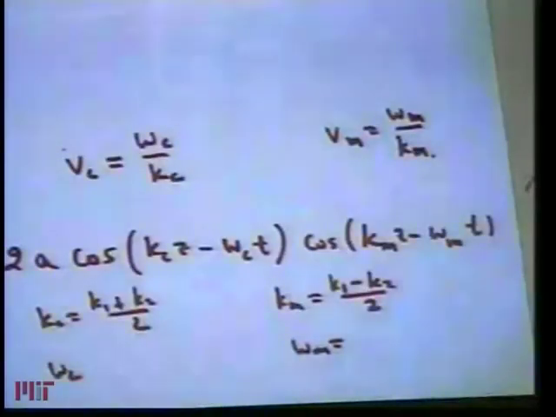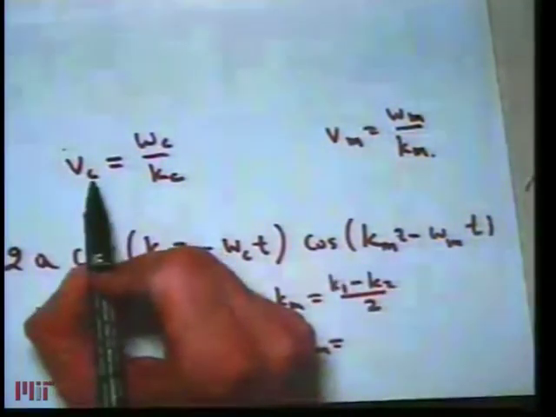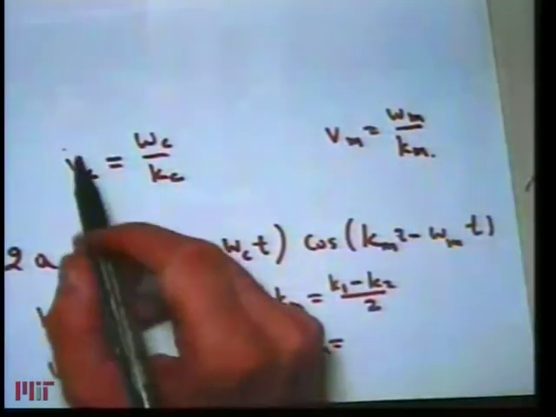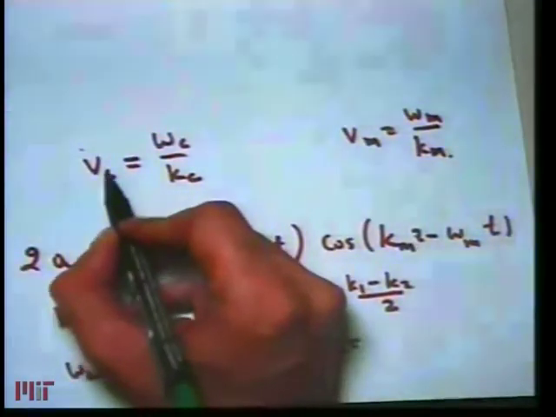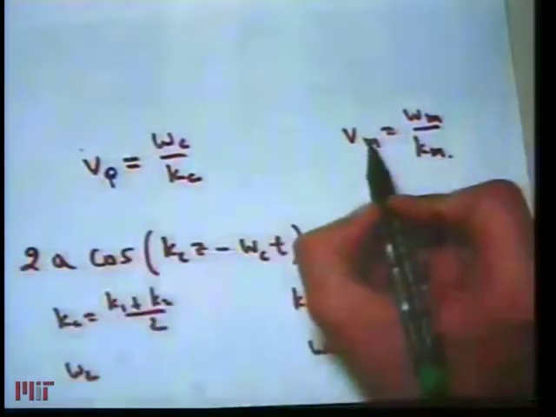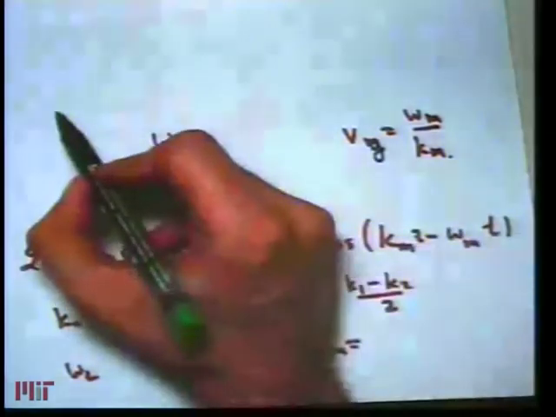I actually use a slightly different notation. The velocity of the carrier is called the phase velocity, and the velocity of the modulation is called the group velocity.